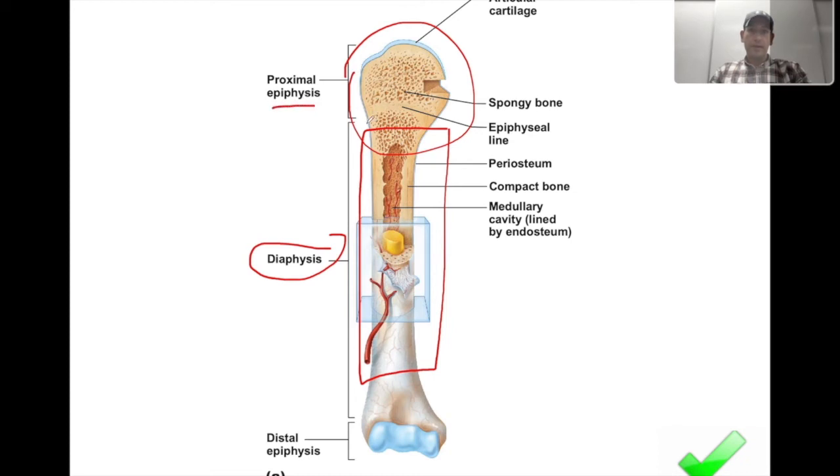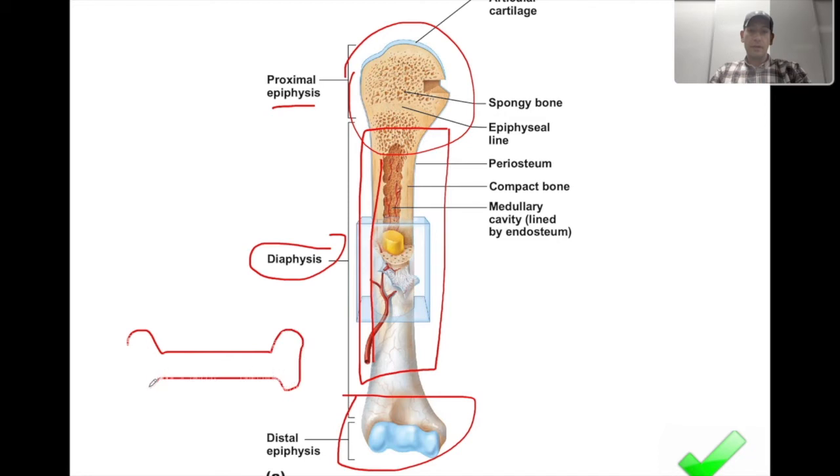So you have the diaphysis going down the length of the bone, and then at the ends are the epiphyses. We're all used to seeing, as kids, a cartoon doggy bone shaped kind of bone. So this here would be the diaphysis, and these on the ends would be the epiphyses.